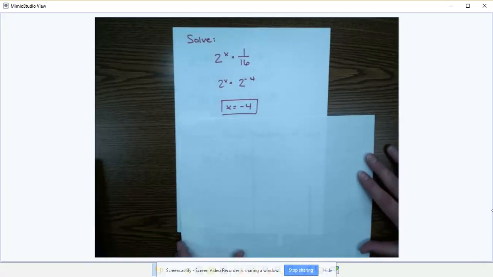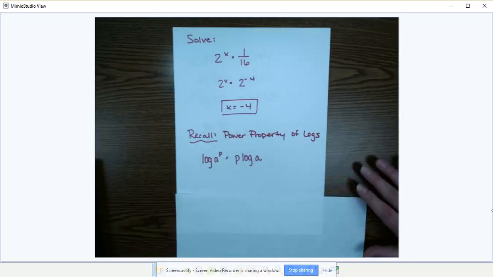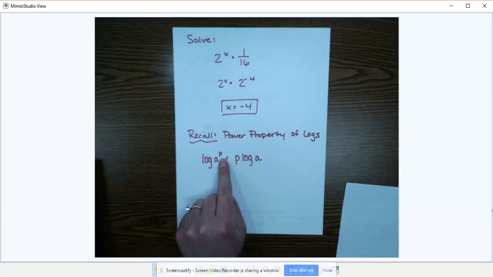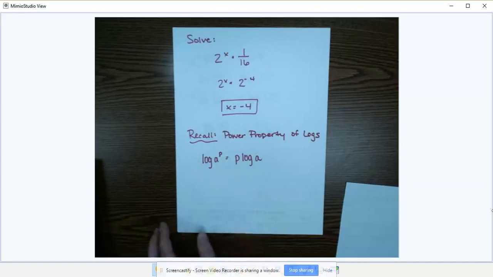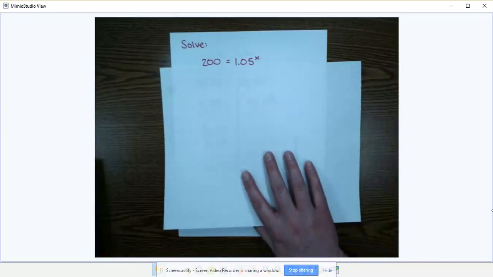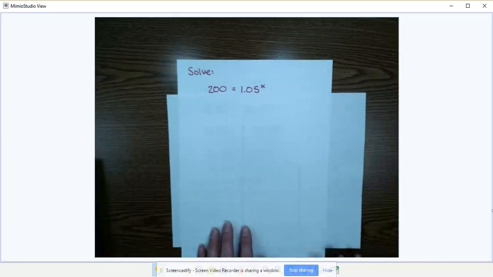Okay, we won't always be able to write both sides with the same base, so we are going to recall our power property for logarithms. So remember, we can bring that exponent out in front of our logarithm. Knowing that, we want to solve this equation.